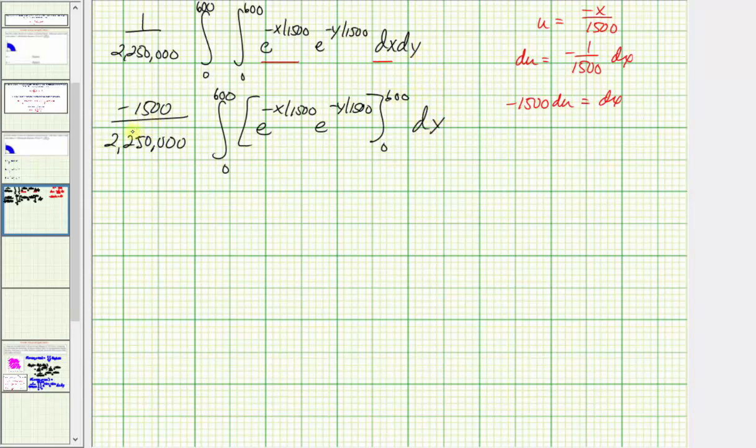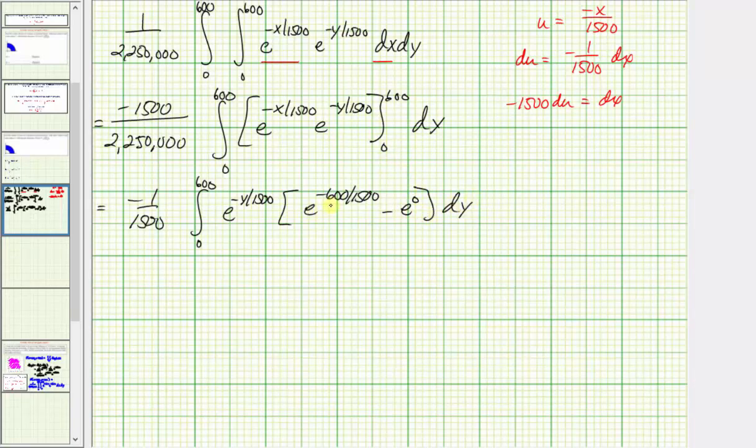And this fraction simplifies to negative 1 over 1,500. So these are limits of integration for x, so we would have e to the negative y divided by 1,500 times, when x is 600, we'll have e to the negative 600 divided by 1,500, and when x is 0, we just have e to the 0.